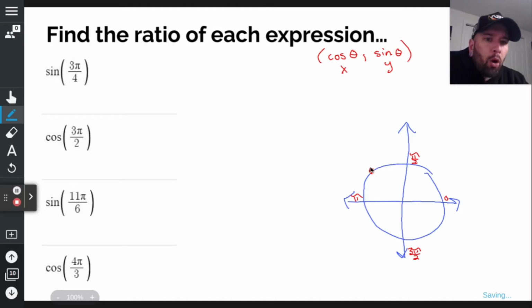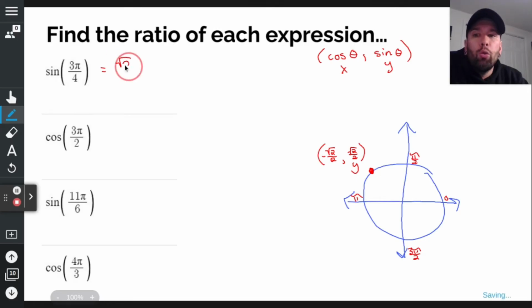That gave us a point of root 2 over 2, root 2 over 2, because that's how the center spots work. In this case, the x value is negative because we're in quadrant 2. I am asking you to find the sine of 3 pi over 4, which means I care about the y value. So the sine of 3 pi over 4 is the y coordinate, root 2 over 2.